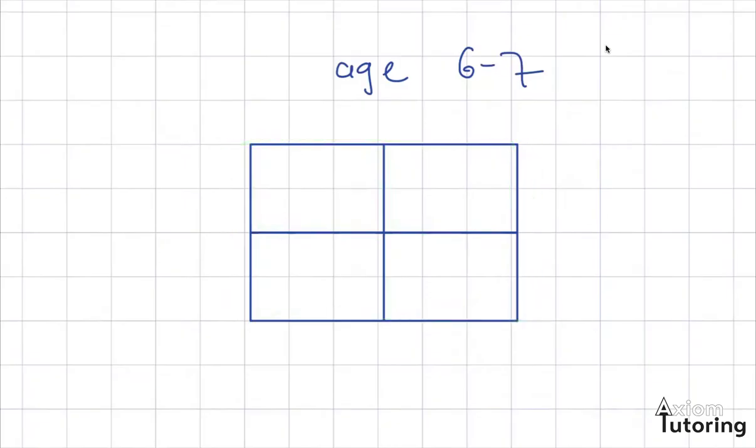And you gently guide them that we also have other rectangles within a shape, this one being 1, and this one being 2, and then this one being 3, and this one being 4.